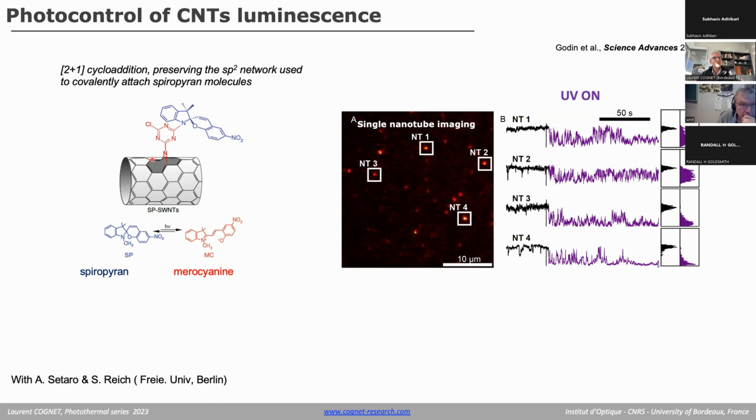The idea is not to add color centers, but to graft photoactive molecules onto the nanotube without perturbing the sp2 character of the carbon nanotubes. It means that by grafting this molecule, the photoluminescence is still coming intrinsically from the nanotube.